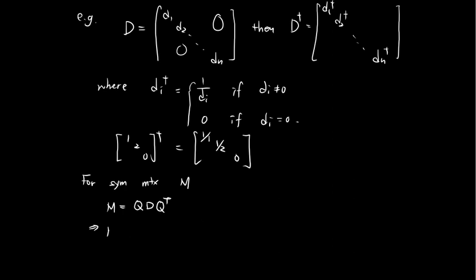Then M dagger is equal to the same thing, but now we want to make the D into D dagger. This is how we calculate the pseudo inverse for a symmetric matrix. The theoretical part is a bit long, but all we want to do is just do this thing. Make the diagonalization, and for the D, do the inverse if possible.